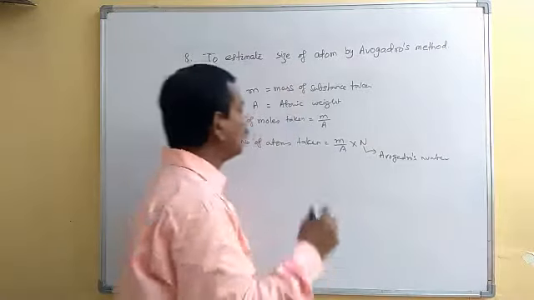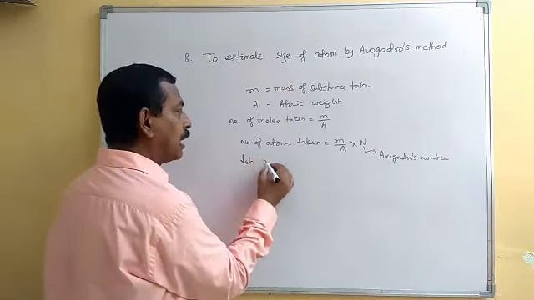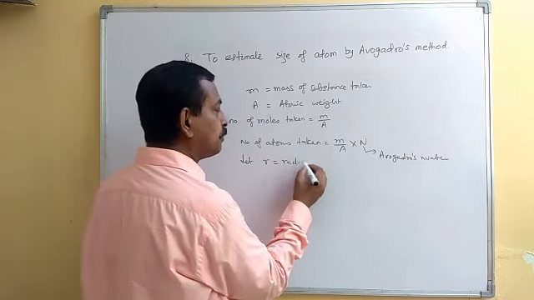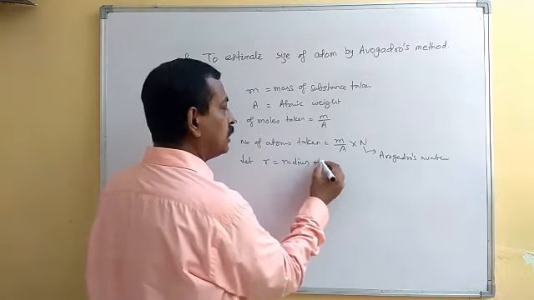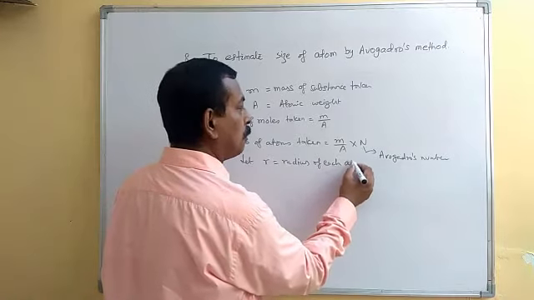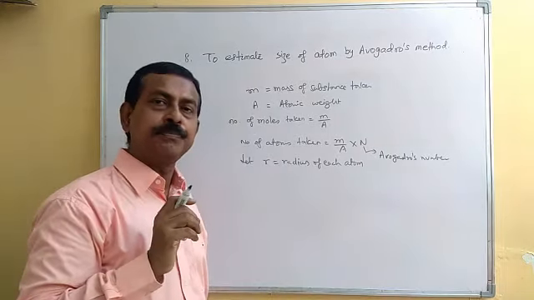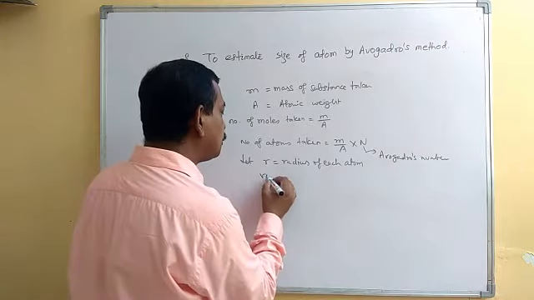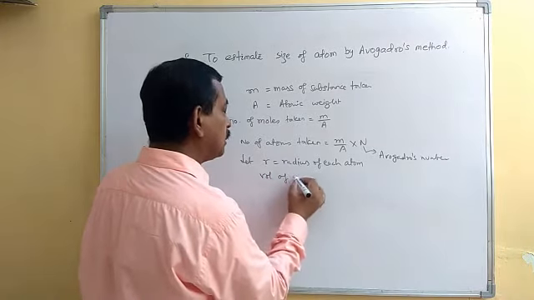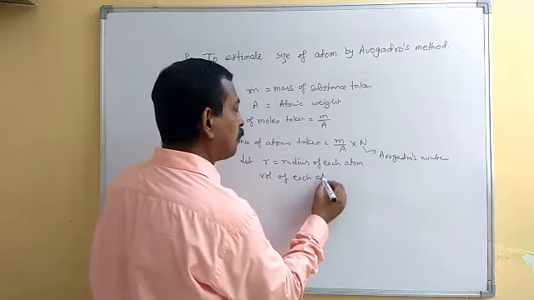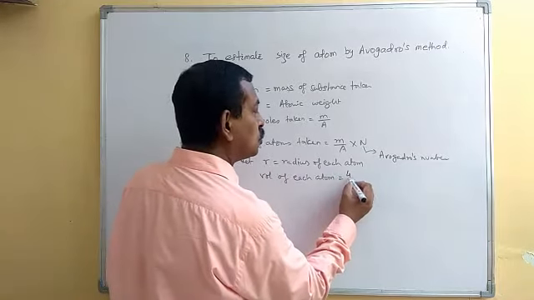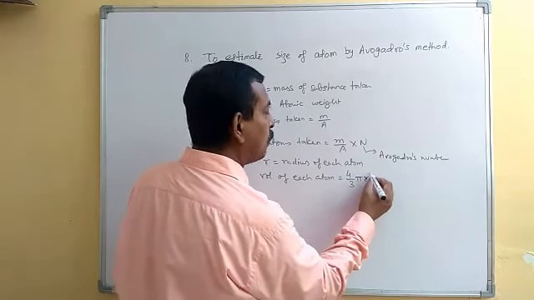So we know how many atoms we have taken. Now let's assume that R is the radius of each atom. If R is the radius of each atom, then the volume of each atom is equal to 4 by 3 pi r cube.